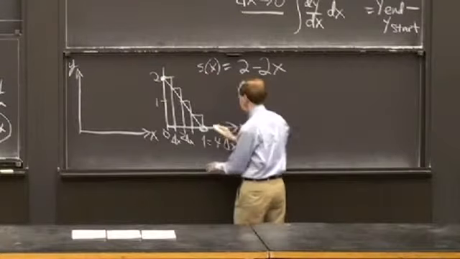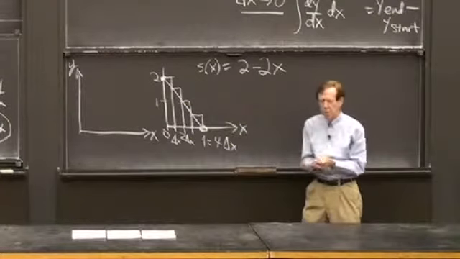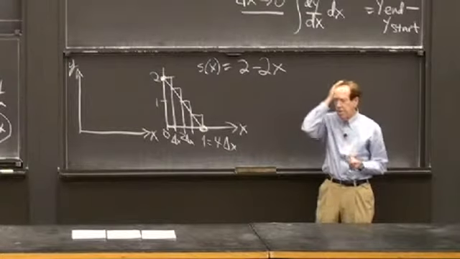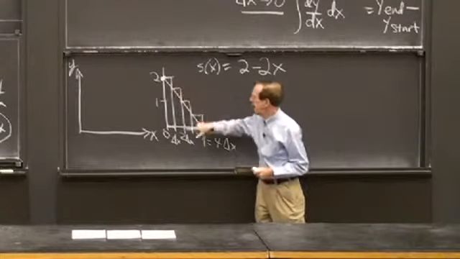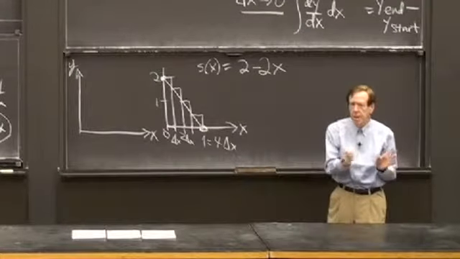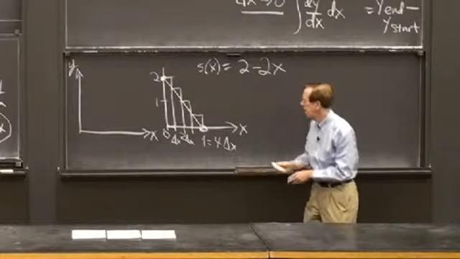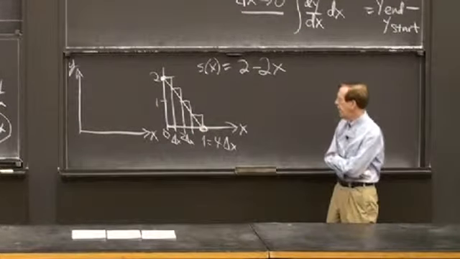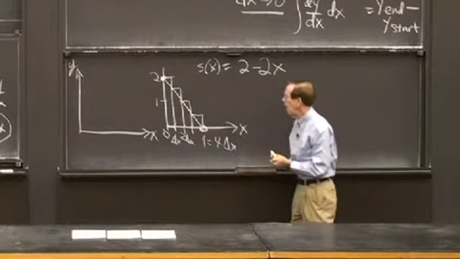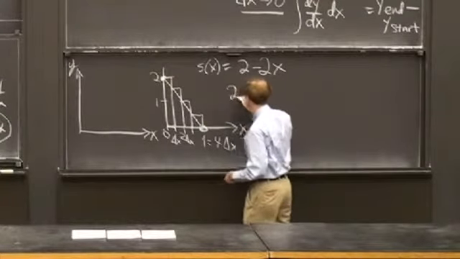Okay, so now let me do these things. I'm taking s. Now I'm going to do this addition, which won't give me exactly the right y, because those rectangles are not exactly right. But I'll get them better by taking smaller delta x's. Let me see, what do I have here? Over this first time, I have my slope, which I'm taking to be 2.